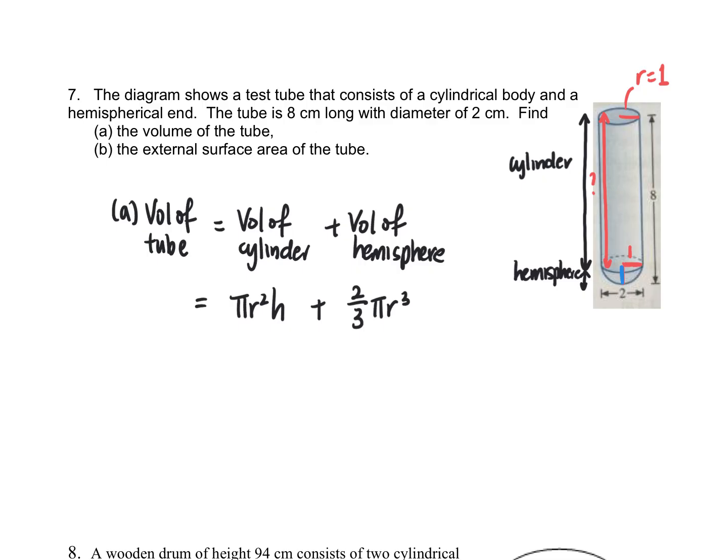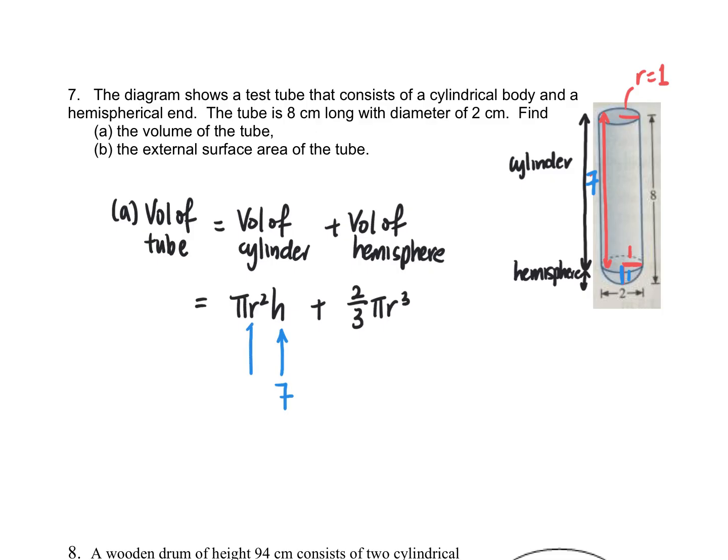It's also 1 because radius throughout the circle is all 1. So knowing that, the height of the cylinder is 7, because 8 minus that tiny 1 here. So I plug in this as 7.